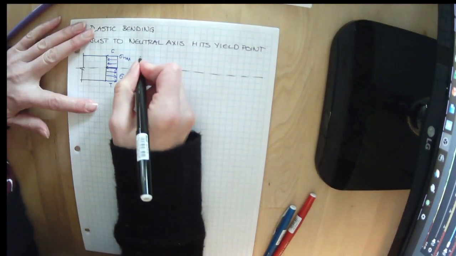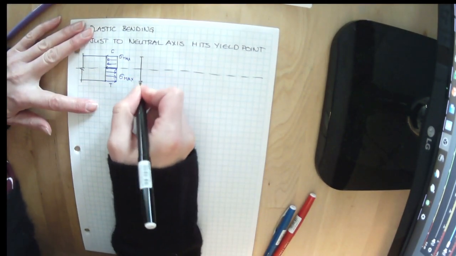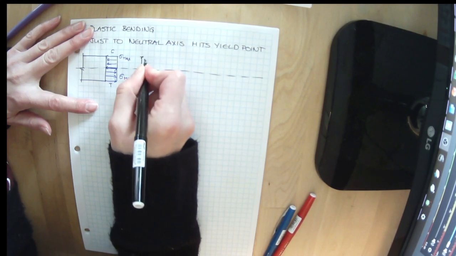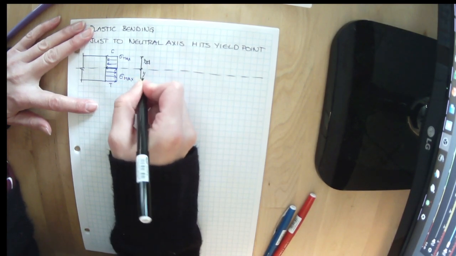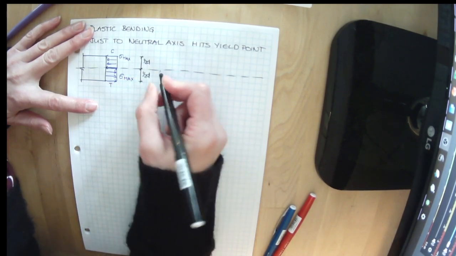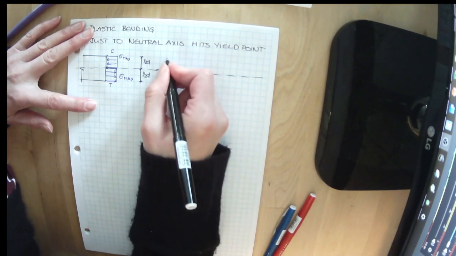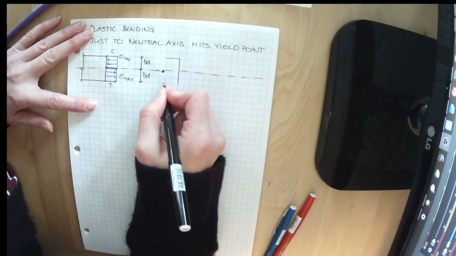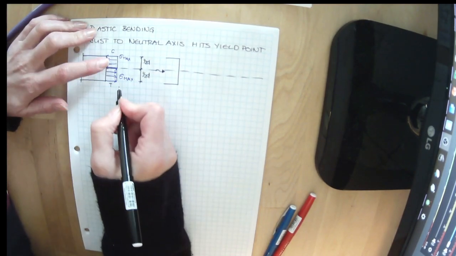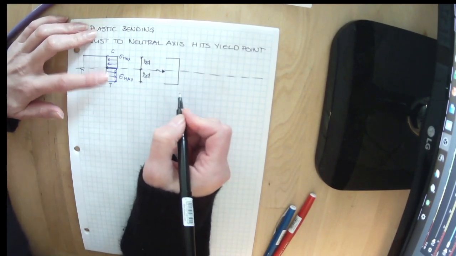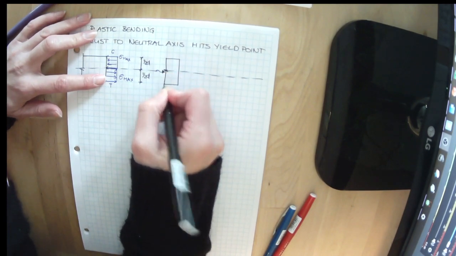We know as well still that that's half of D, and that's half of D. We can redraw this because we know that we can find the centroids or the analogous point loads for both of these stress profiles.